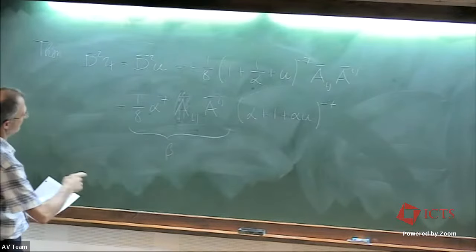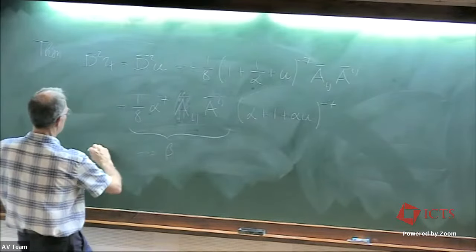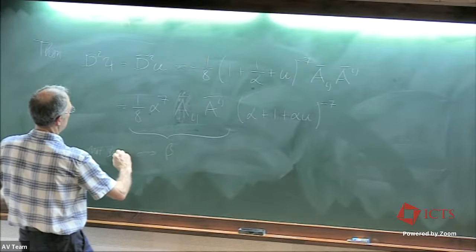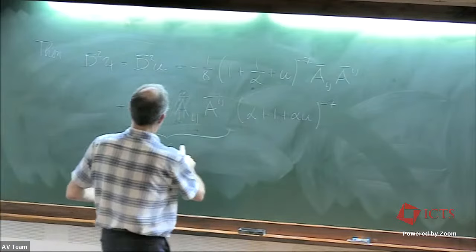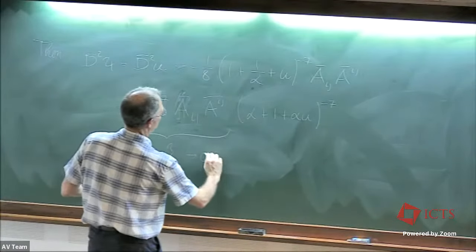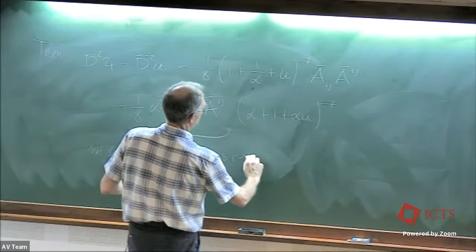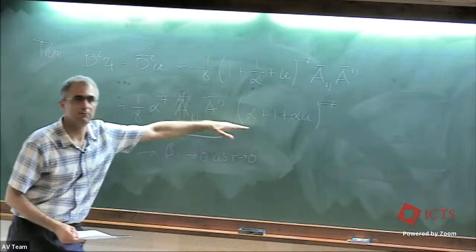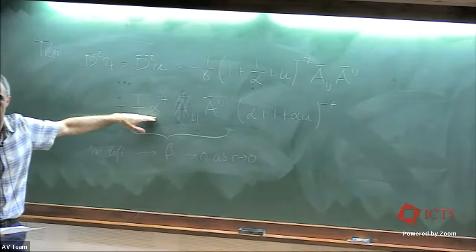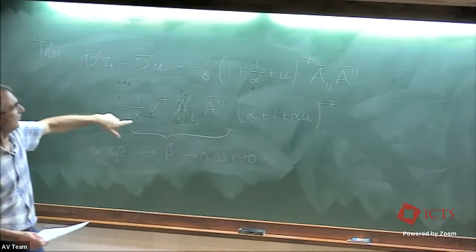So this is not the shift. This is just a new variable, okay? And you notice that beta approaches 0 as r goes to 0. So that means the right-hand side is now a perfectly regular expression, which we can now solve for u.